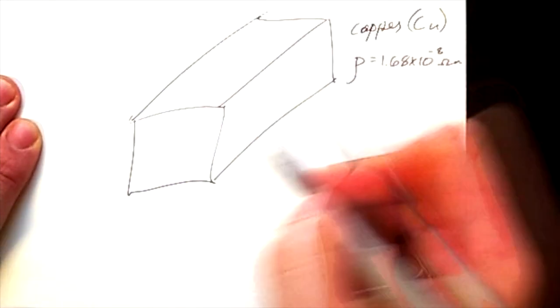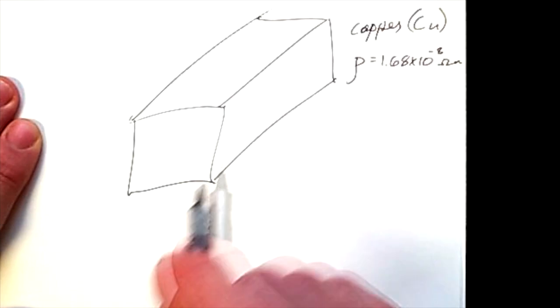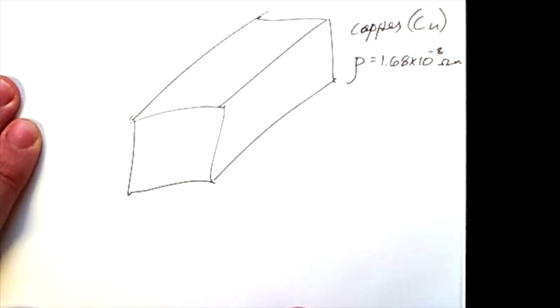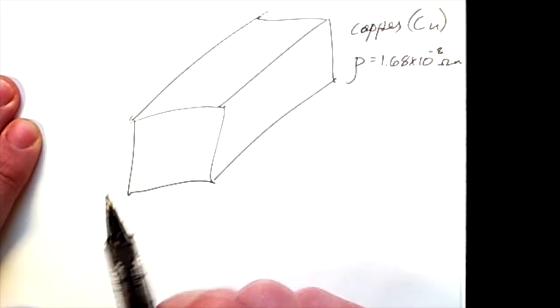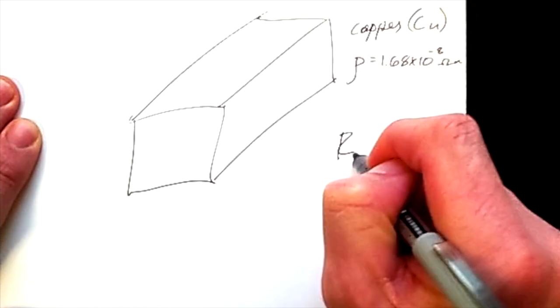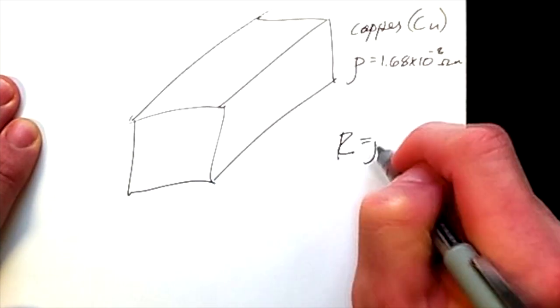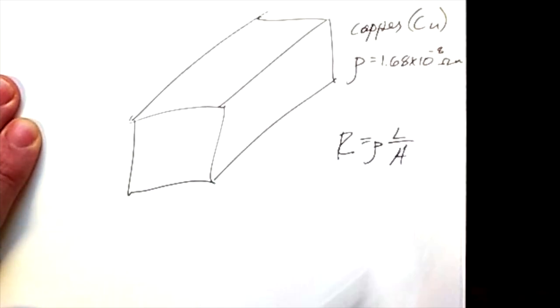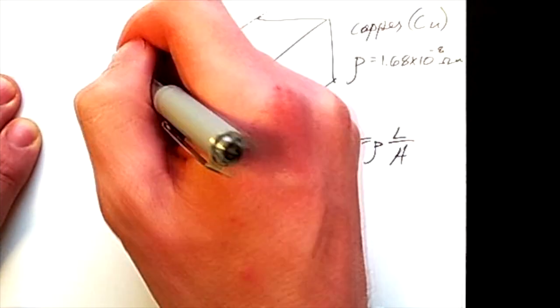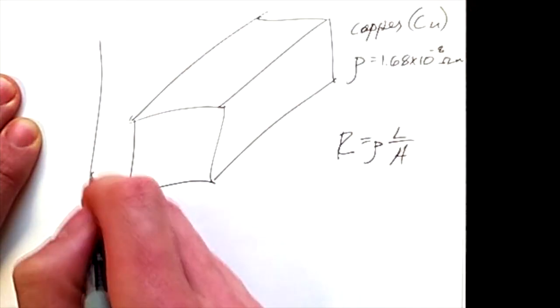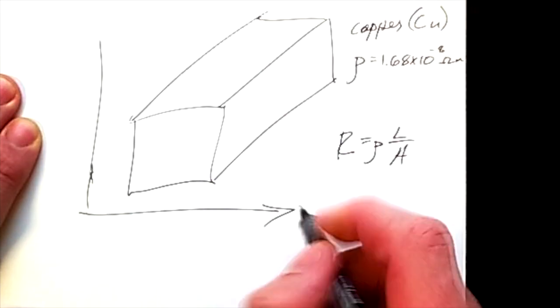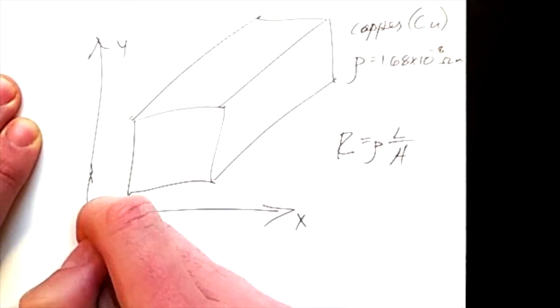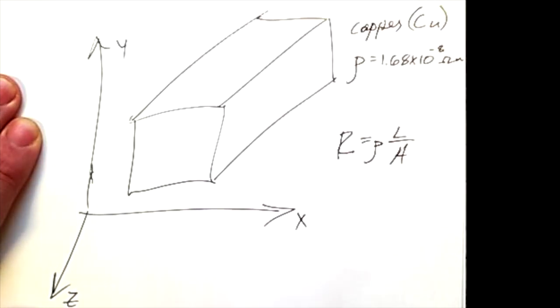However, if I have a rectangular solid, the direction through which the current flows makes a major difference in terms of the overall resistance. When I look at R equal to rho times L over A, let's define my axes: this is the x-axis, this is the y-axis, and then our third axis would be the z-axis.